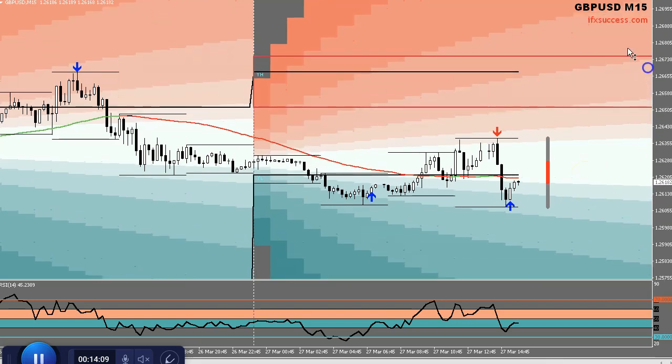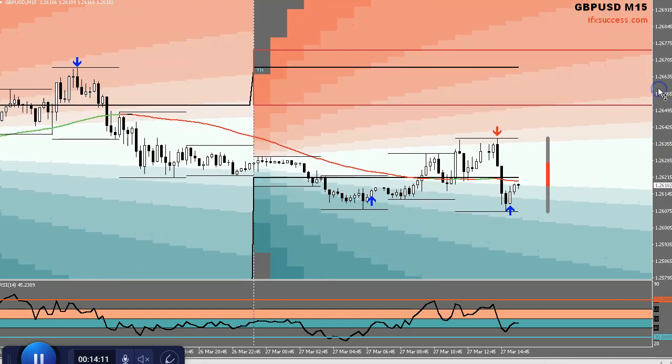So we have to remember your first entry sometimes is not going to work right away, okay? That is a given. So if it doesn't work right away, you will have to decide, where's going to be my second entry? You will consider a second entry here or a little bit lower, whatever it is that you see the market reacting, and then you will just make a second entry and then get out, okay?